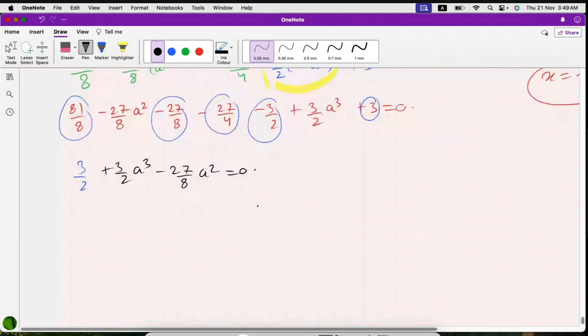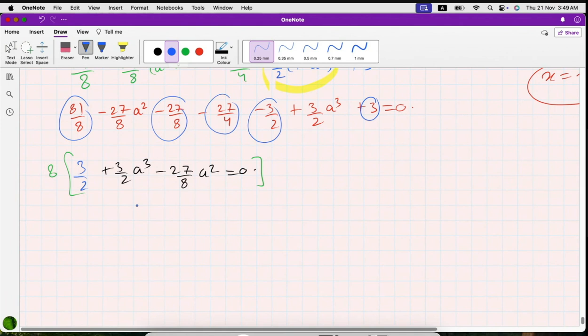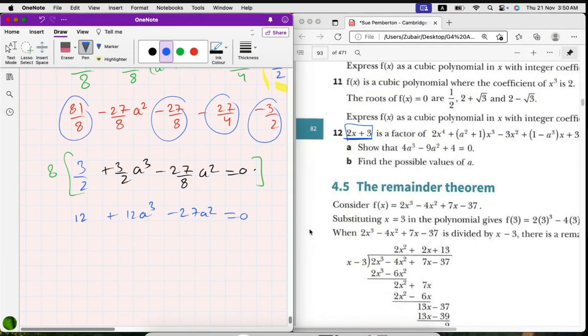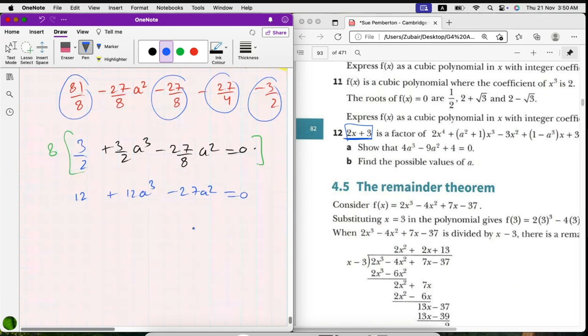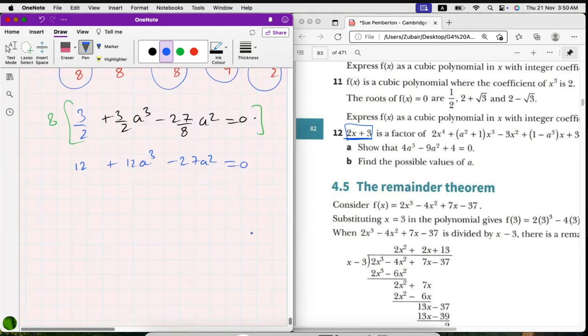May I just multiply the complete equation with 8 to get rid of the denominators, despite taking the LCM? If I would just multiply, this is 12 plus 12a cube minus 27a square is equal to 0. So we multiplied negative 27 by 8 to get negative 27, but then what about 3 by 2?